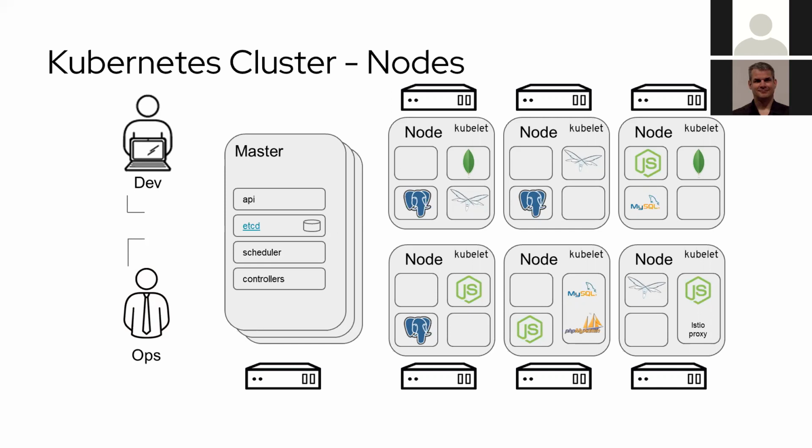And I think we'll see this in a couple slides. We can potentially have a loss of a node and not have any loss of service, because if we lose a node or a pod, those workloads will just get rescheduled to another node within the cluster to retain the service and keep it available for us.